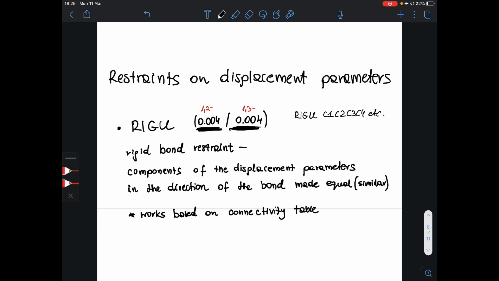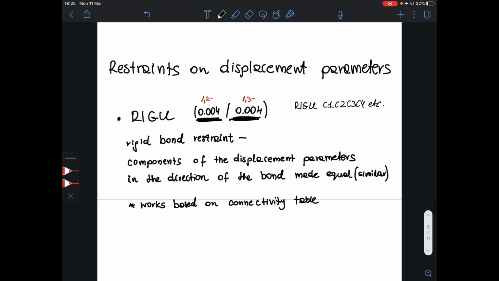That's because it's based on a very physically sensible assumption. The fact that in the direction of the bond the displacement parameters should be more or less similar is a valid physical approximation. So we can use it with quite large strength. And it works based on the connectivity table. So if you select some atoms, they will be made similar only if they are connected to each other.